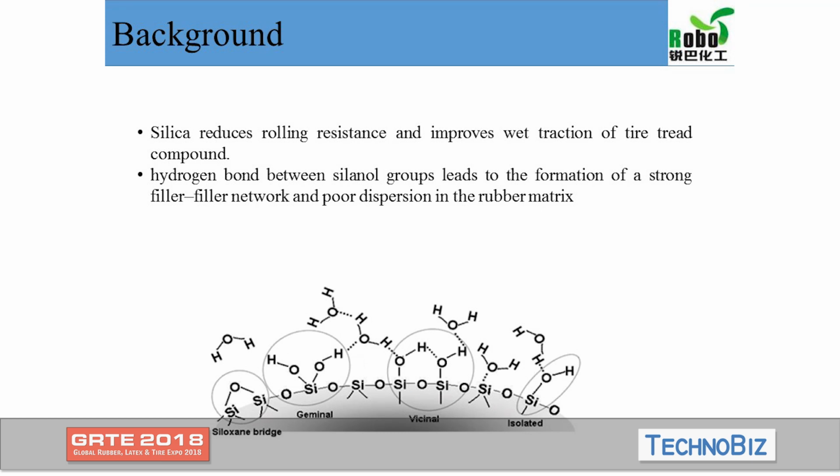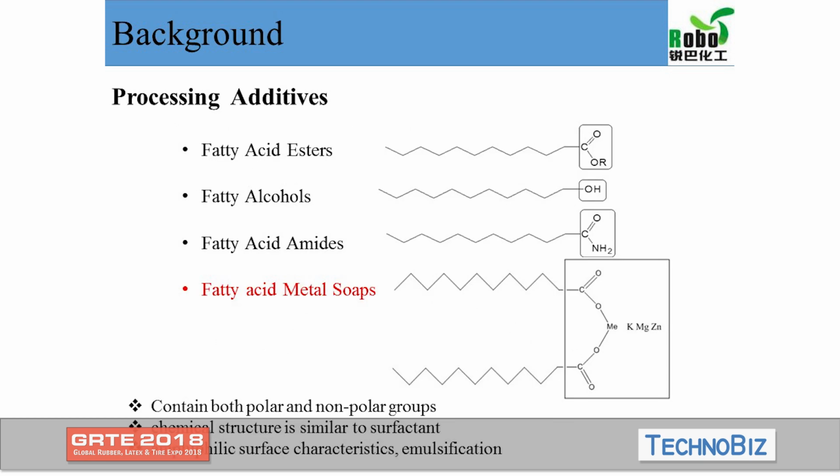It is for this reason that silane coupling agent is often used to improve the rubber-silica interaction via chemical linkage. Processing additives are also used to ensure better silica dispersion in the rubber compound.